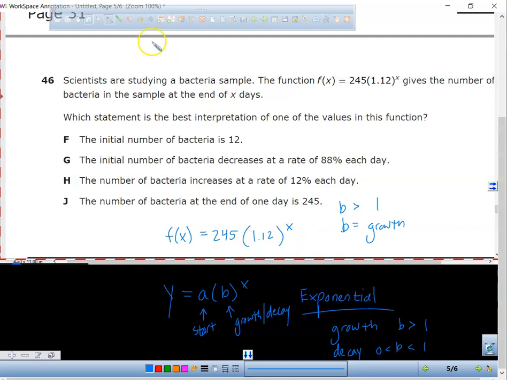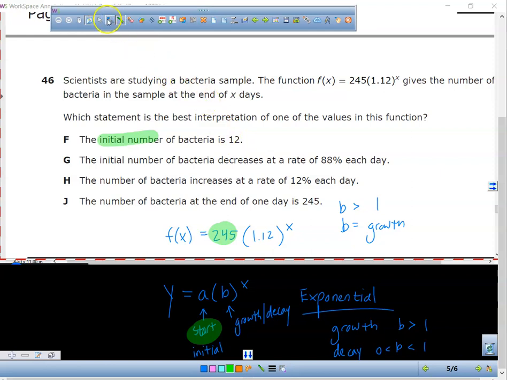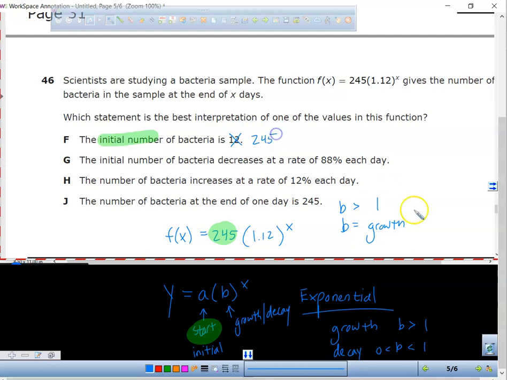What's our initial number? If I said what's the start or the initial, what are we starting with? 245. All right? So right now it says the initial number of bacteria is, that's not it. What would be the correct number we'd want to put right there? Cross that out. Put 245.